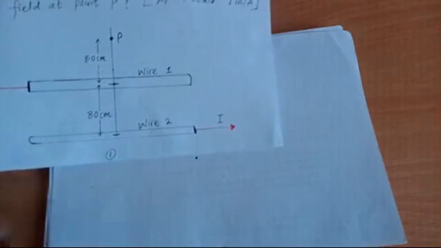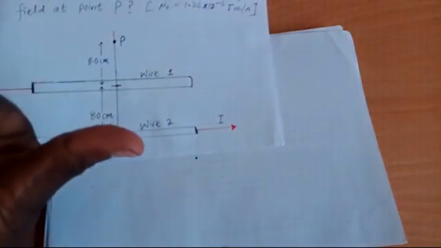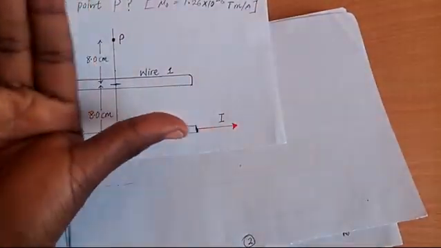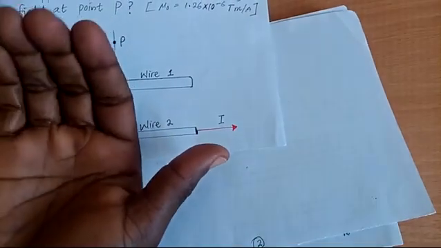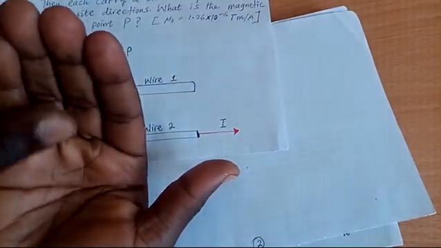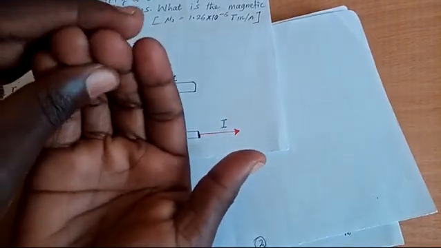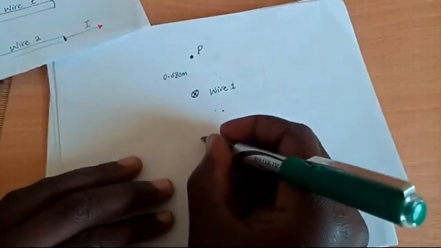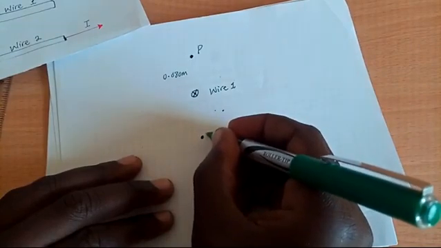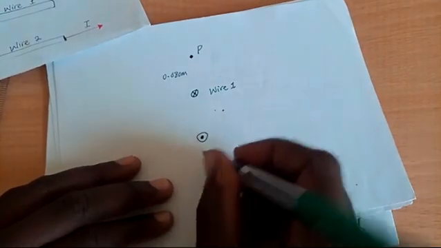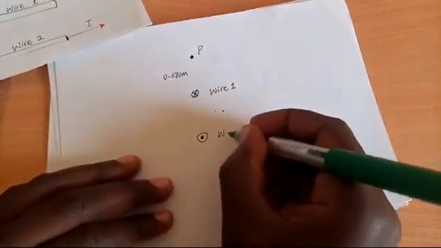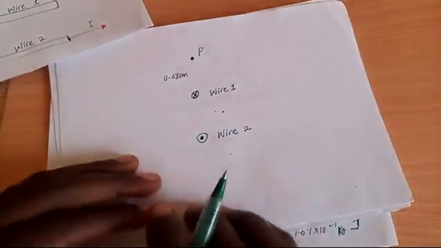Now if I align my thumb using my right hand in the direction of the current for wire 2, and then I curl my fingers, you see it is pointing out of page. For out of page, we know the symbol should just be a dot, a dot in a circle. It means the magnetic field at this point is out of page and this one into page. So we have wire 2 here.